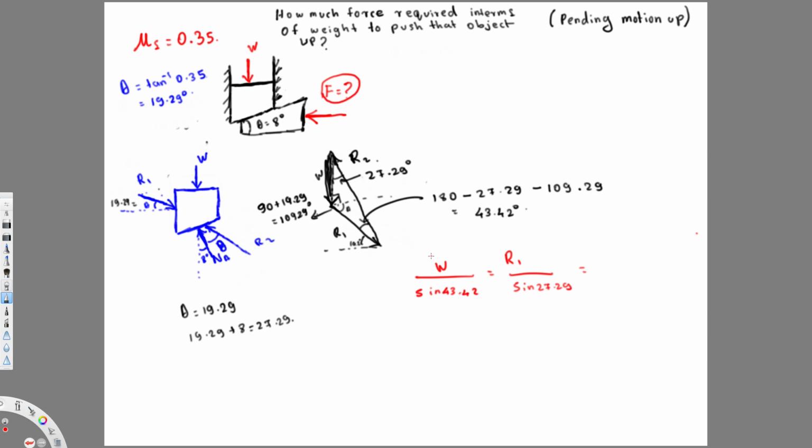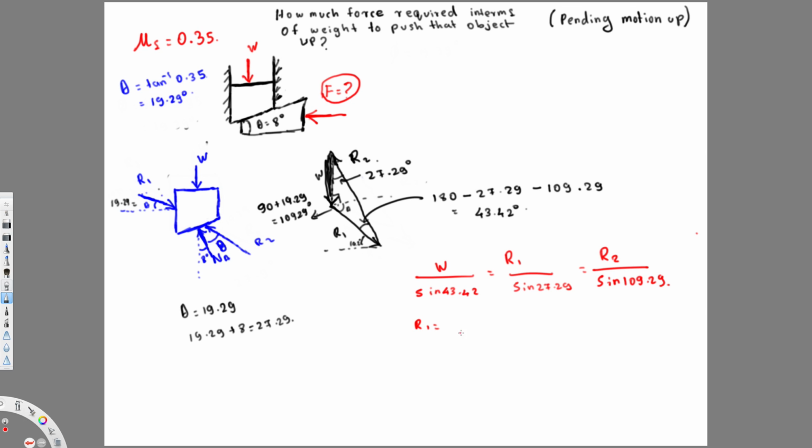Actually the angle opposite to R2 is this one, 109, so sine 109.29. So from this one I can find the R1 in terms of W.